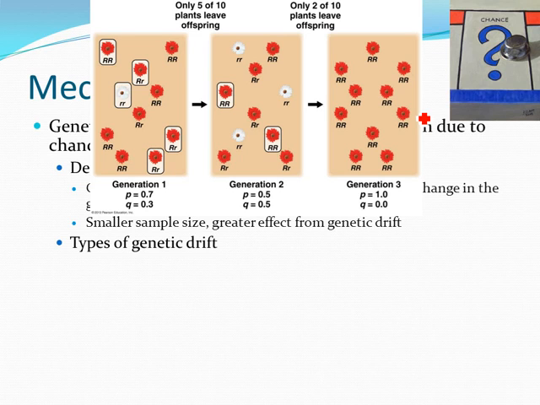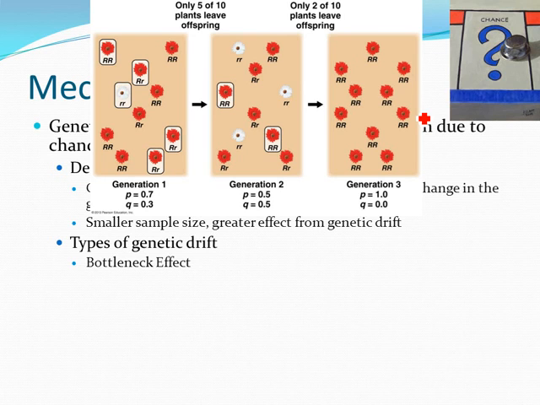That smaller sample size will have those particular traits from those individuals, and it might not be a representation of when the species were not endangered at that point in time. There are different types of genetic drift, bottleneck and founder, and we'll go into that.